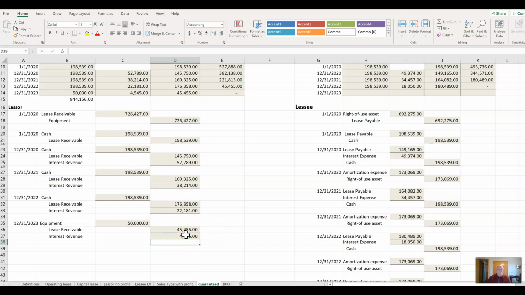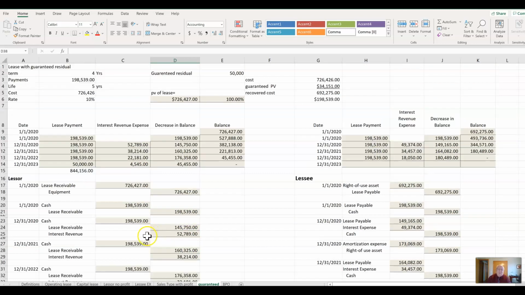Okay. Now this is for the guaranteed, or basically just could be a residual too. They're guaranteed to 50,000. It could be by the lessee. It could be by a third party. It doesn't really matter. The only time the lessee worries about the guaranteed residual is if he guaranteed it for 50,000, but the expected value would be, let's say, 30,000. Then he would have to include in this price here the present value of the difference, which would be the 50 minus the 30, or 20,000.